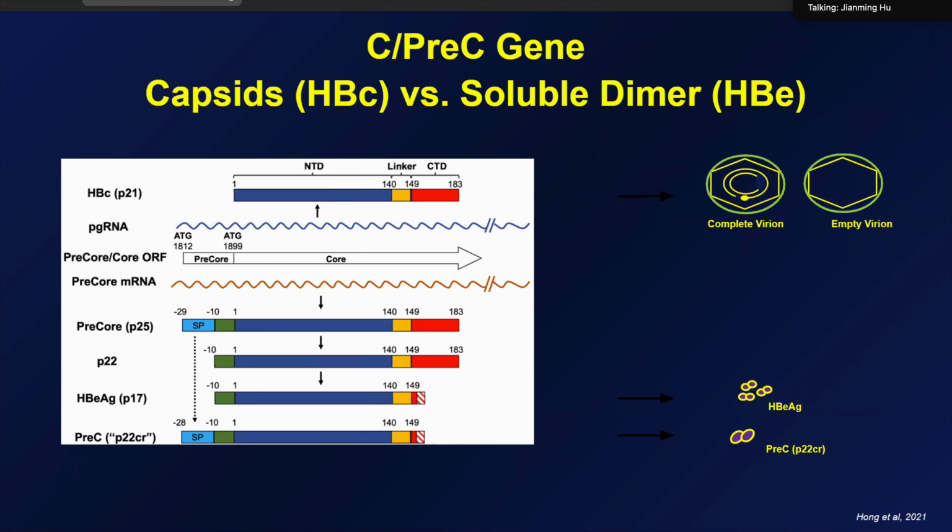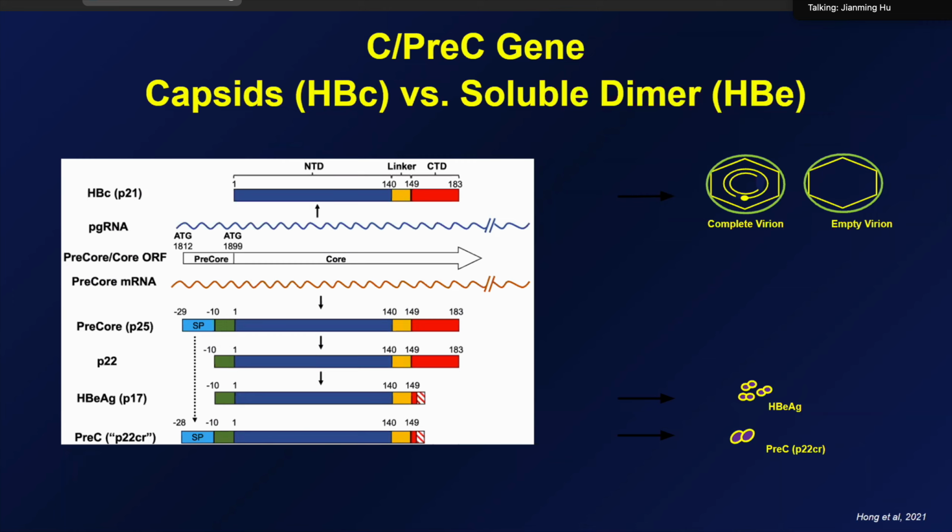The core protein, or P21, is produced from pgRNA, but the pre-core protein is actually produced from a slightly different RNA called the pre-core mRNA, which is almost the same as the pgRNA, except it's a little bit longer at the 5' end.